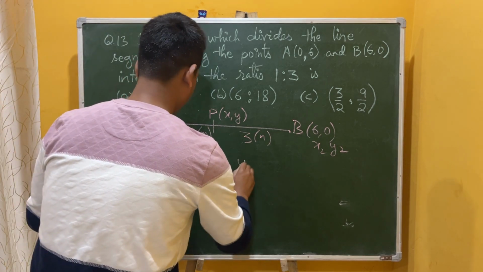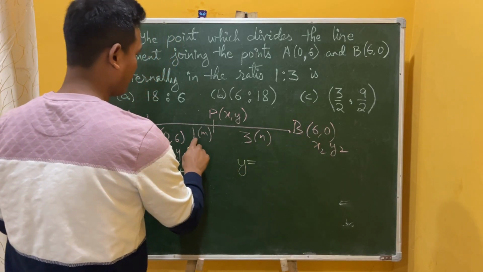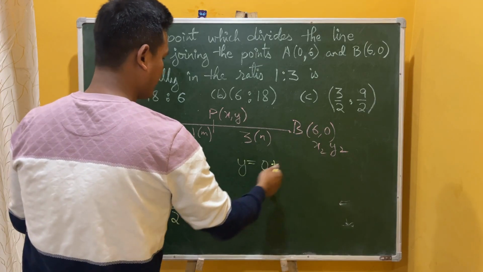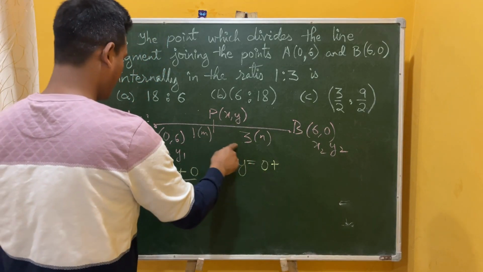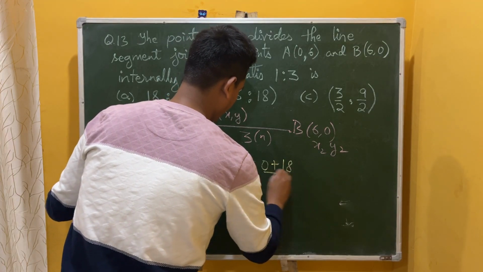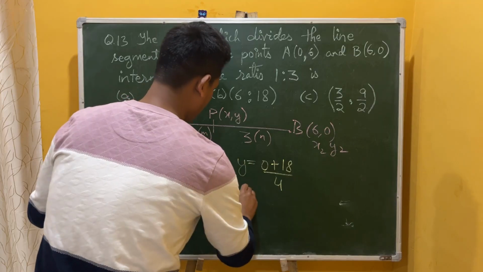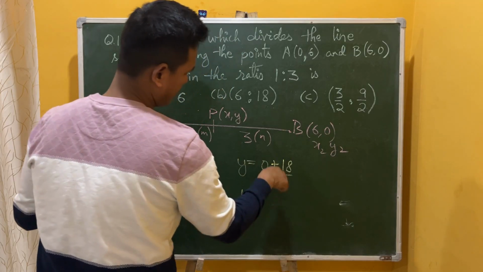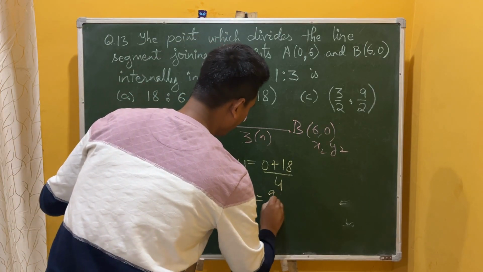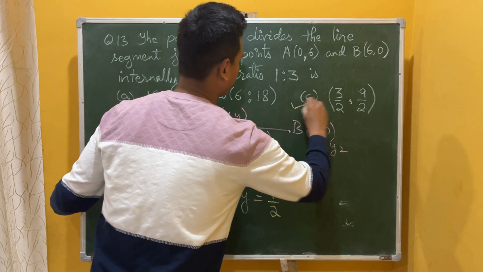So y is m y2, so 1 into 0 is 0, plus n y1, so 3 sixes are 18, by m plus n, 1 plus 3 is 4. If we divide 18 by 4, dividing by 2, it's 9 by 2. So this is the correct answer.